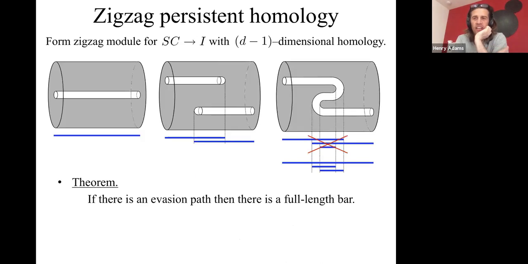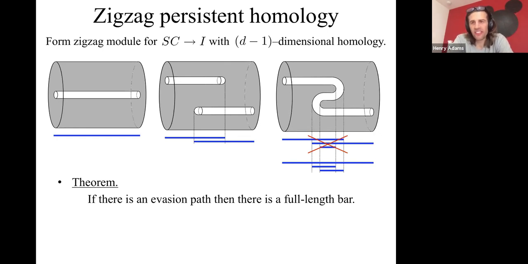But still, we only got a one-sided guarantee. So if there's no long bar from the start time to the end time, then there's no evasion path. So we can prove here that there's no evasion path. But when there is a full-length bar, there either could be an evasion path or there could not be. So again, it's only a one-sided guarantee. It's not if and only if.